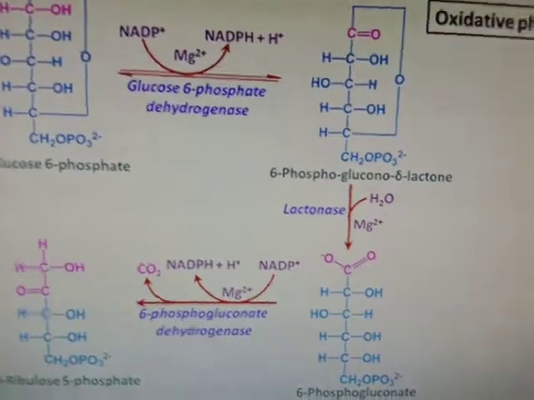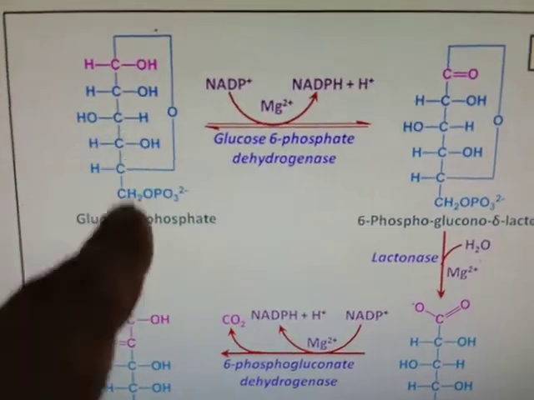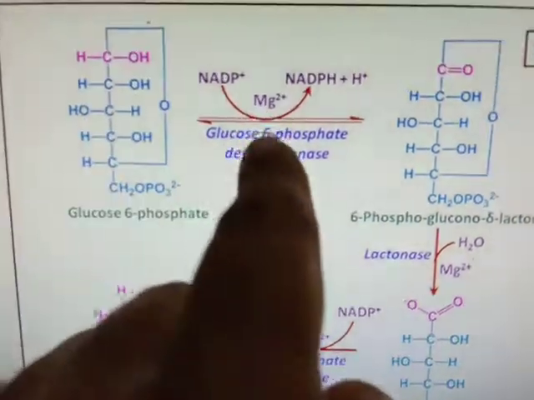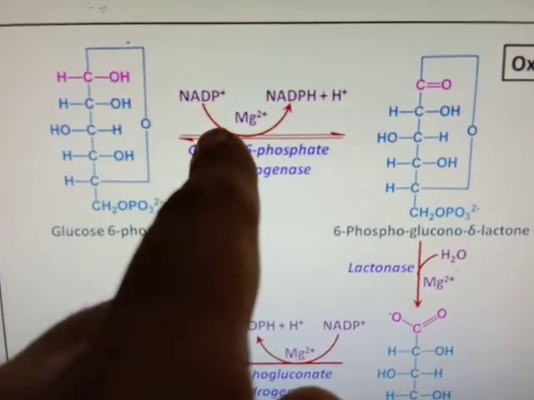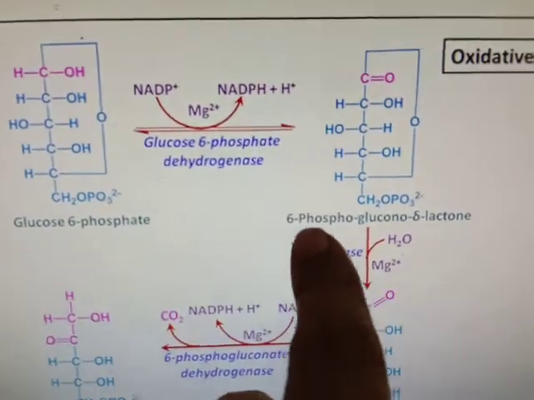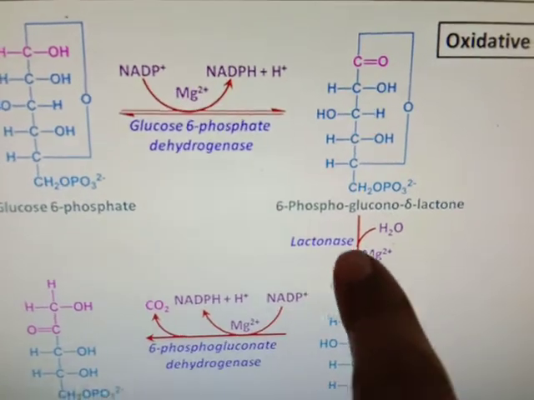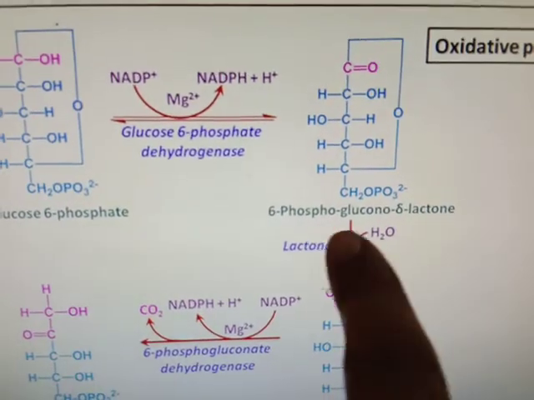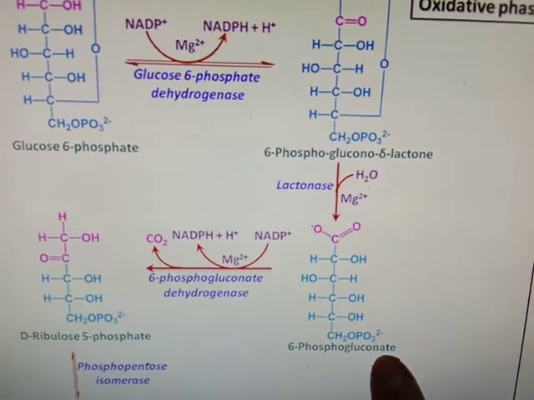So now we will see the diagrammatic explanation of the oxidative phase. Glucose 6-phosphate is acted on by glucose 6-phosphate dehydrogenase and NADP is involved. It forms NADPH and 6-phosphogluconolactone. Then lactonase acts on this 6-phosphogluconolactone and converts it to 6-phosphogluconate.